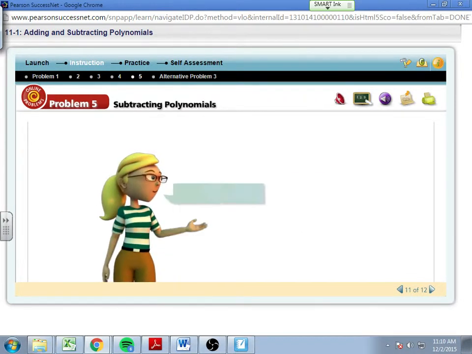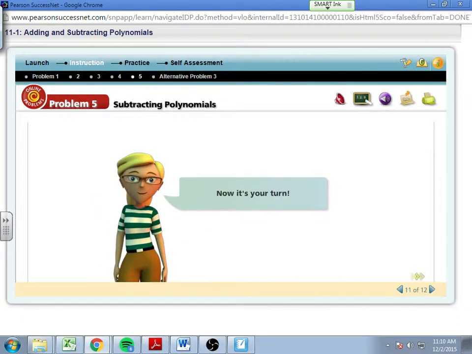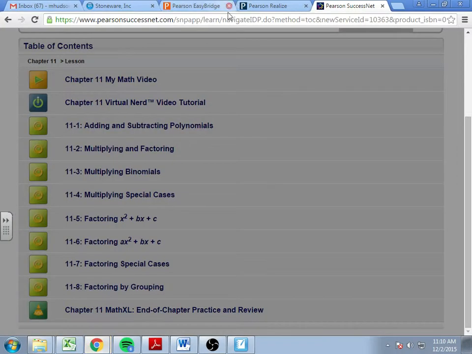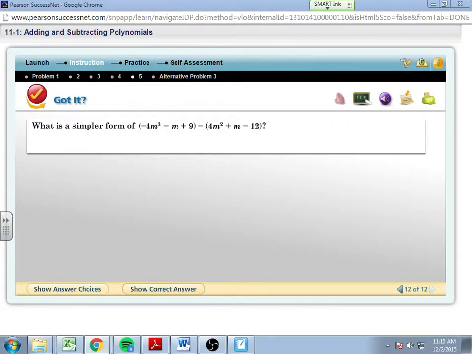Hey Greg, now it's your turn. Do I have to do it too? I already knew it was my turn. Most of it's pretty similar. I don't think I did this right, but I think I might have done it right, actually. I have like 5 chapters in this entire section.